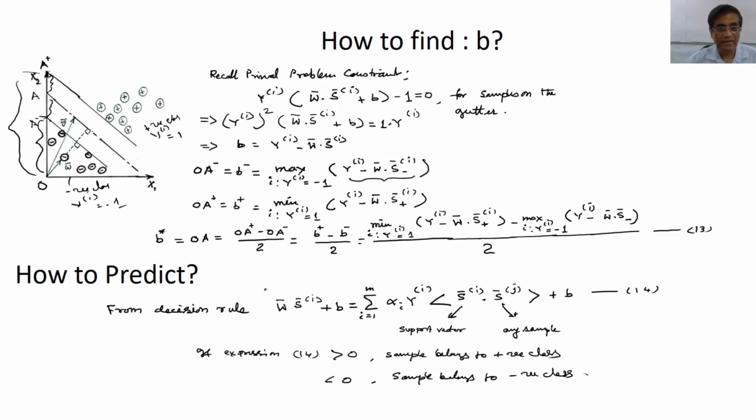The machine is ready. Now, how to predict? Go back to our original preliminary concept: what was our decision rule?